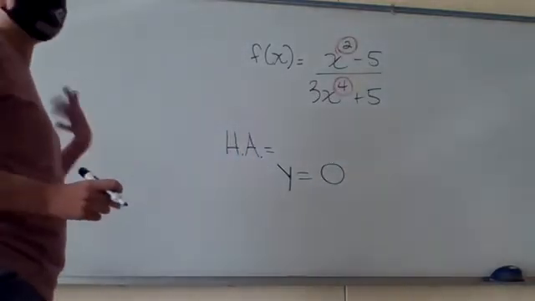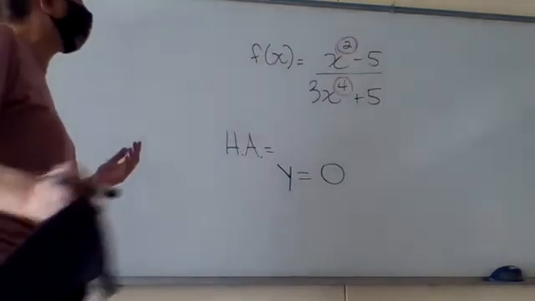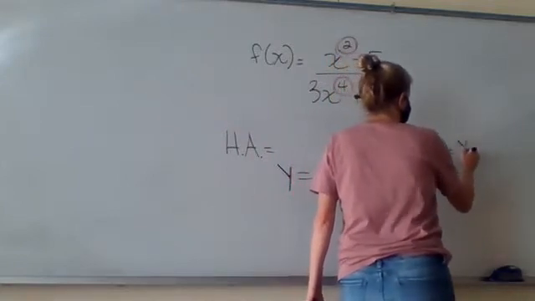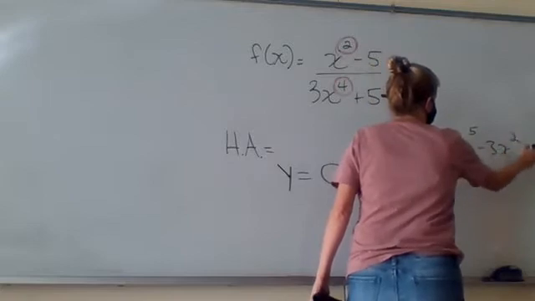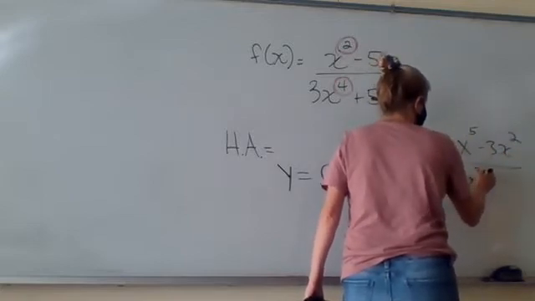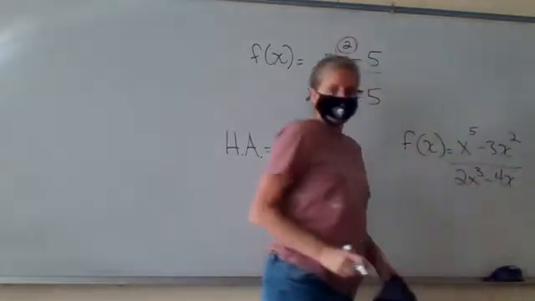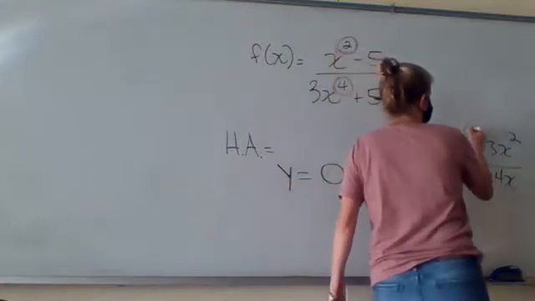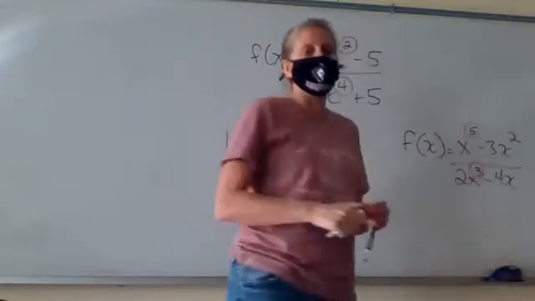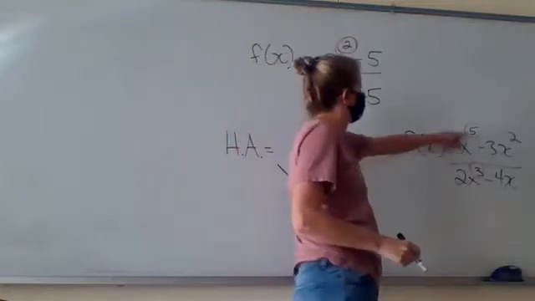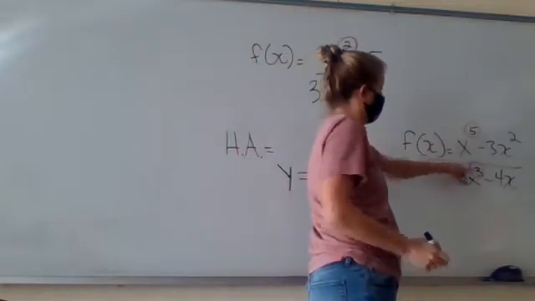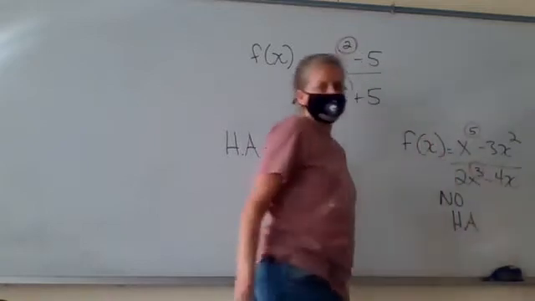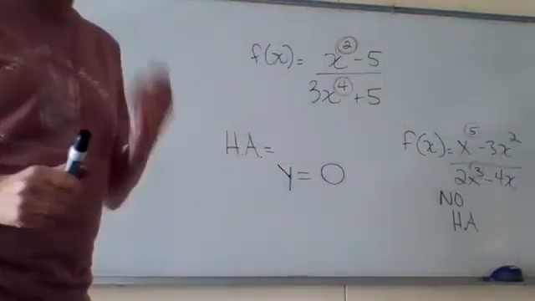Let's look at the other two options of what your horizontal asymptote could be. Let's say your function looks like this. So you would be looking at the highest exponents. If the degree of the numerator is greater than the degree of the denominator, that means there is no horizontal asymptote.